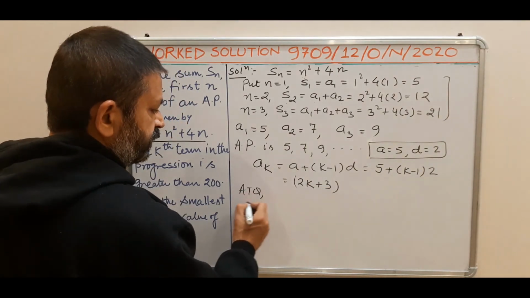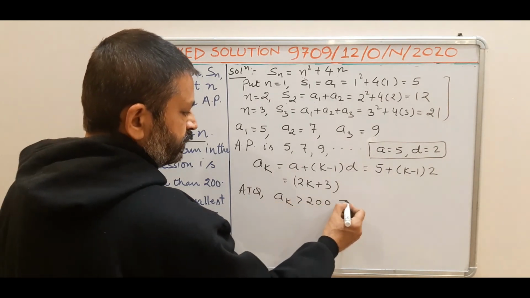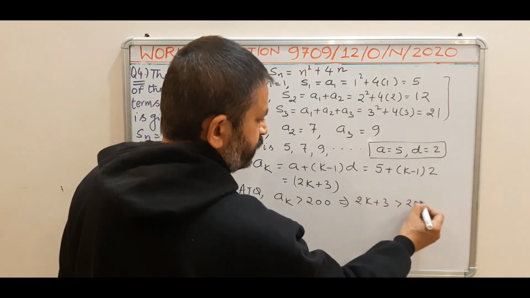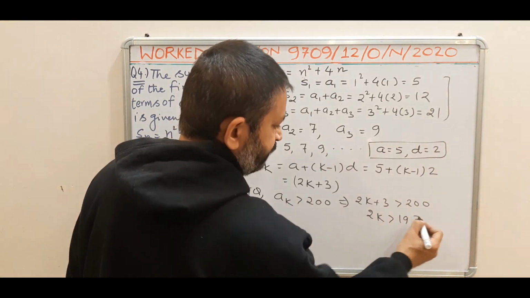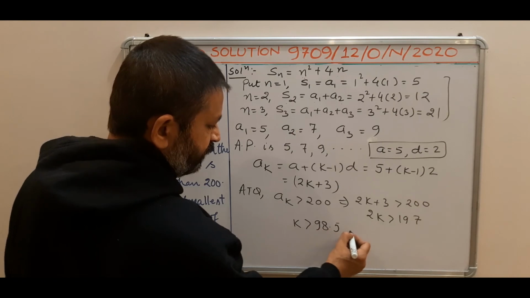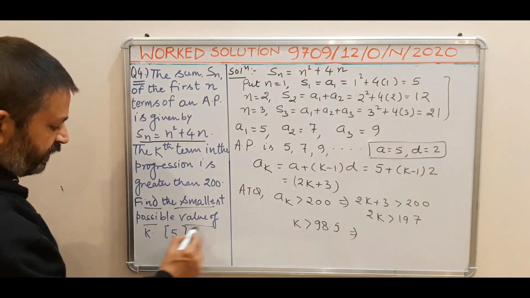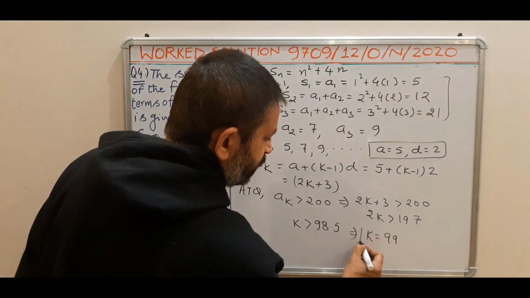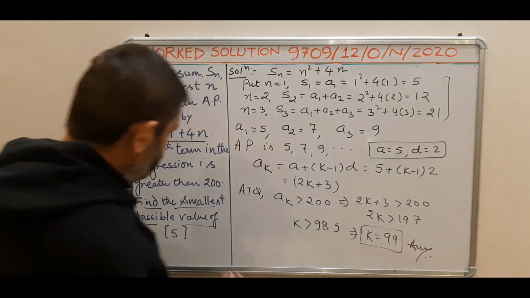According to the question, the kth term is more than 200, so 2k + 3 > 200. 2k > 197, or we can say k > 98.5. Now it is asking for the smallest possible value of k, so the smallest possible value of k will be 99. So this is your answer. This question carries 5 marks.